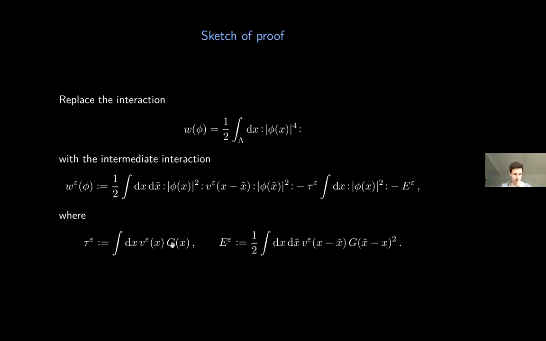The important thing is to see that these things blow up: g of x has a logarithmic singularity at the origin, and V epsilon tends to the delta function, so this blows up as epsilon tends to 0, and so does this. This is our intermediate interaction, and we will compare both theories to a Euclidean field theory with this interaction. That's the basic strategy.